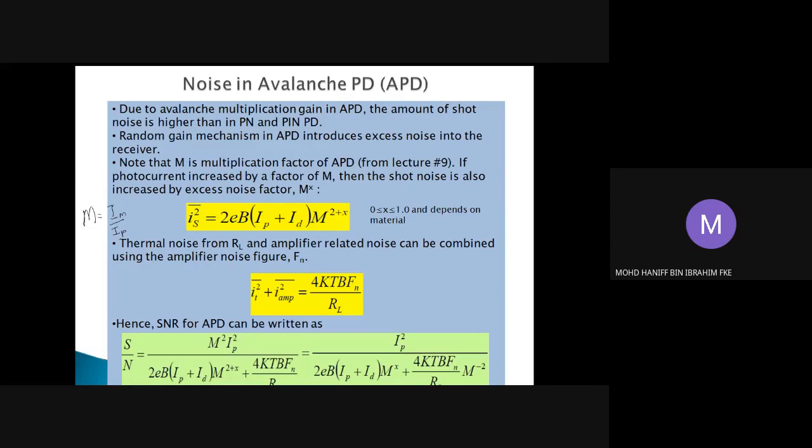So this is M, your multiplication factor, which exists in the APD.